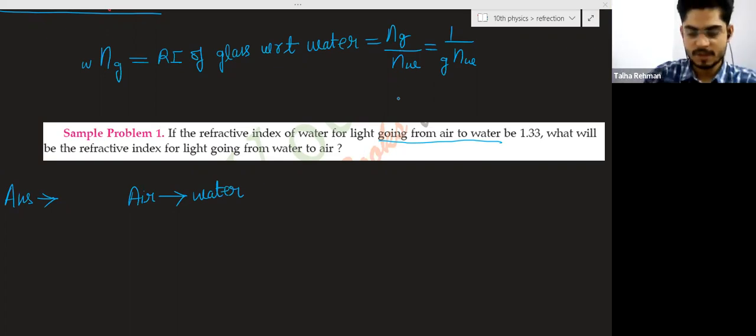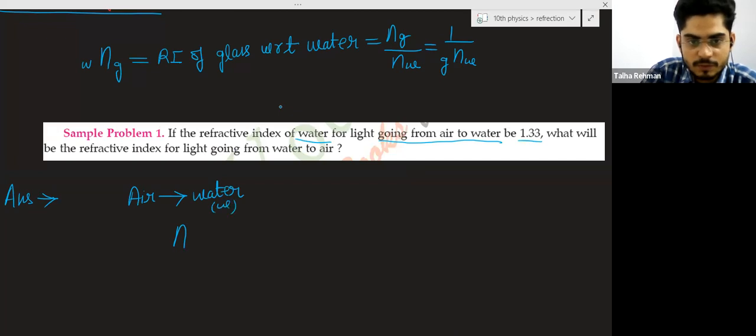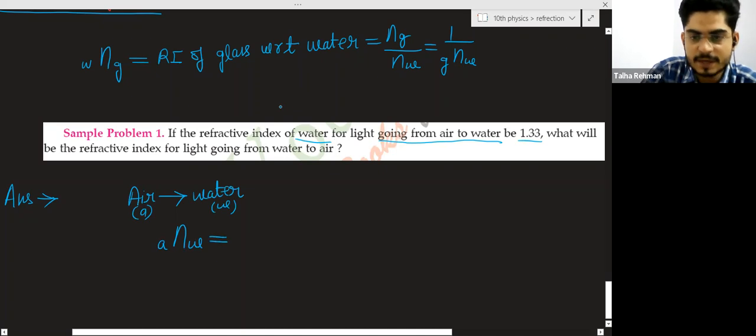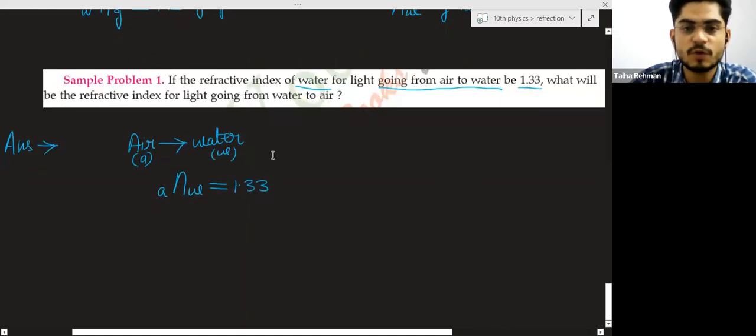Okay. So light is going from air to water, and they are saying the refractive index of water is this. So how will you write the refractive index of water? The meaning of this is they are saying the refractive index of water with respect to air is given as 1.33.